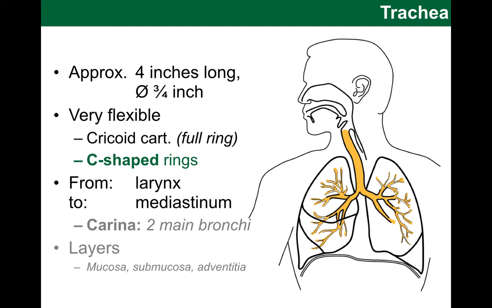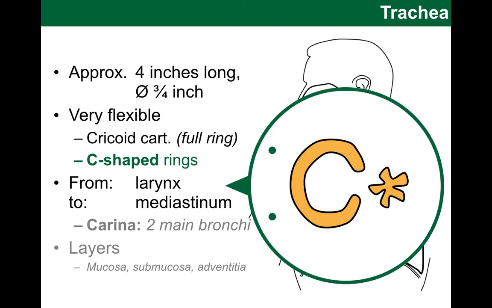Well, there is actually a fairly logical explanation. Of course, these cartilages are there to strengthen the structure, keeping the airway open, but they are not complete rings for a very good reason. Let's have a look. So let's imagine that we have here a diagram of an individual at the level of the trachea, looking to the left, and we look down from the top.